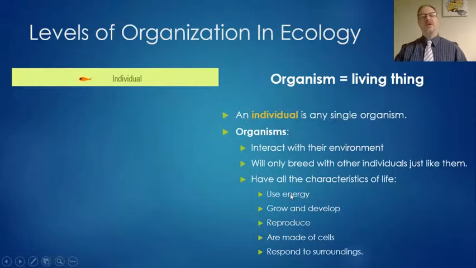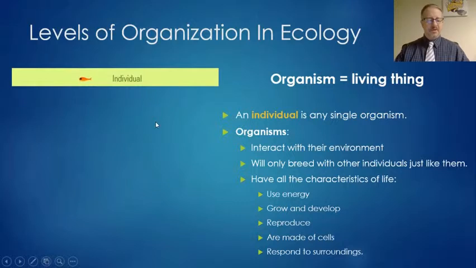They only breed with other individuals that are just like them. And they have all of the characteristics necessary for life. You remember what those are? Those include the use of energy, being able to grow and develop, the ability to reproduce, being made of cells, and the ability to respond to their surroundings.